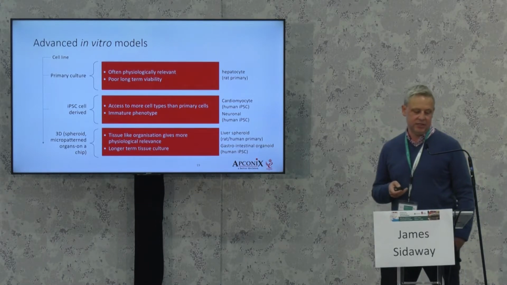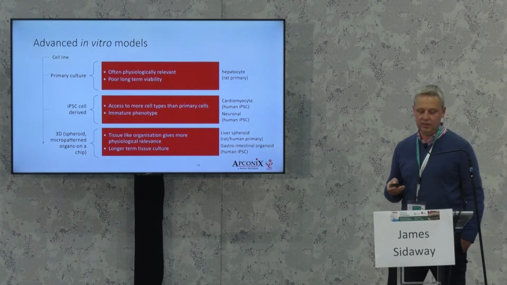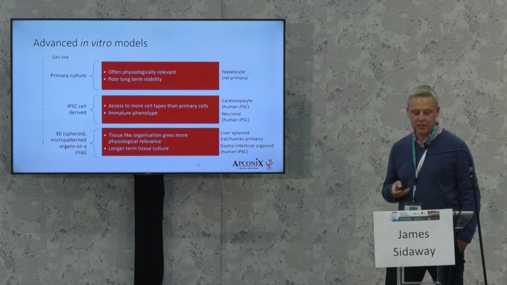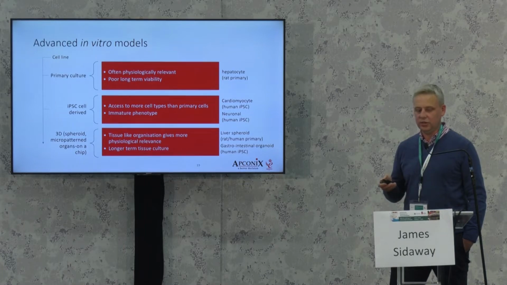The next level is going to 3D, where you can either use the primary cells or the stem cell-derived cells, where you find the organization at a tissue level gives even greater physiological response, and it's very good for long-term tissue culture. So all this is about making more relevant in vitro models that are more organotypic for toxicity testing.